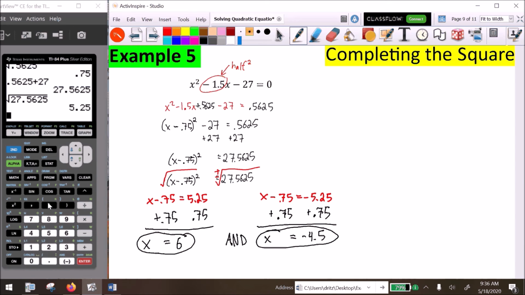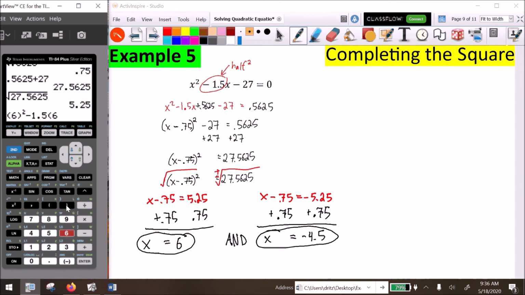Just to verify that these answers are correct, you could always check your work by plugging them into the original problem. Sometimes I like to do that just to check my work. When I hit enter, it should tell me it equals 0 because that's what the original equation was set equal to. Good. I'm going to check my other answer.